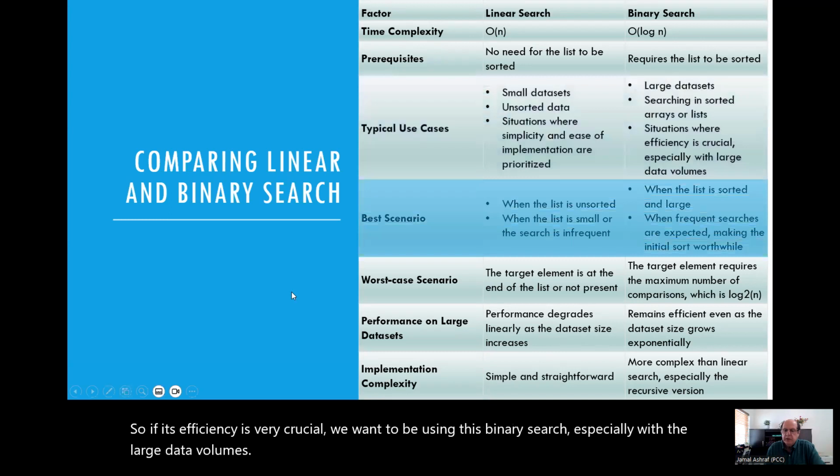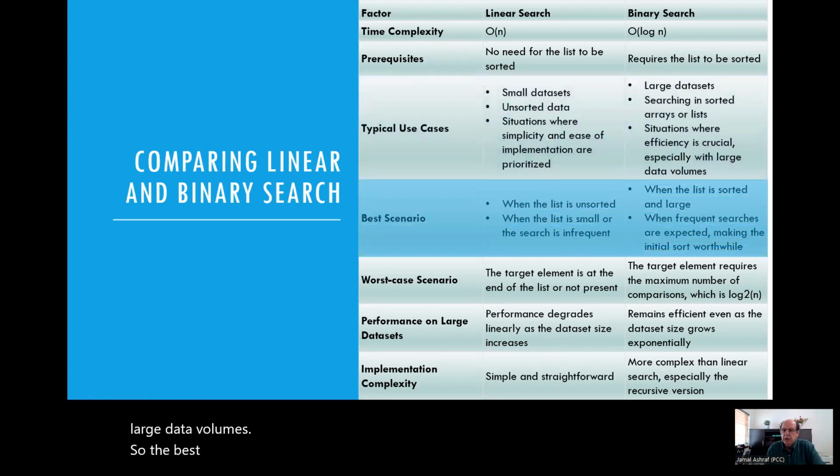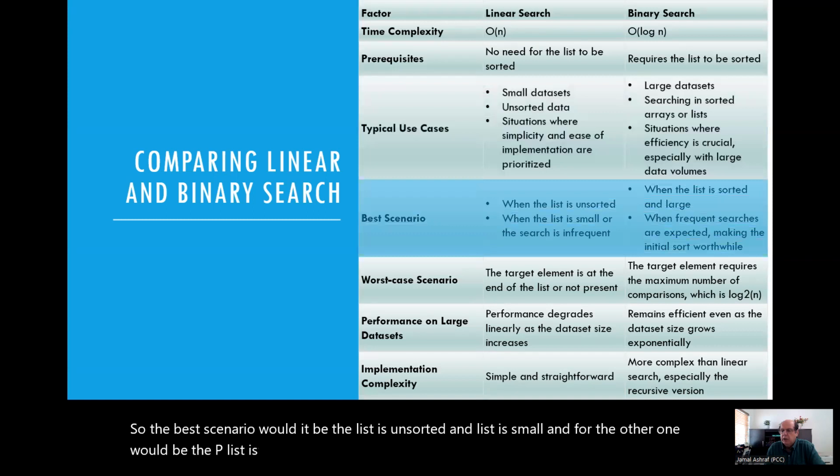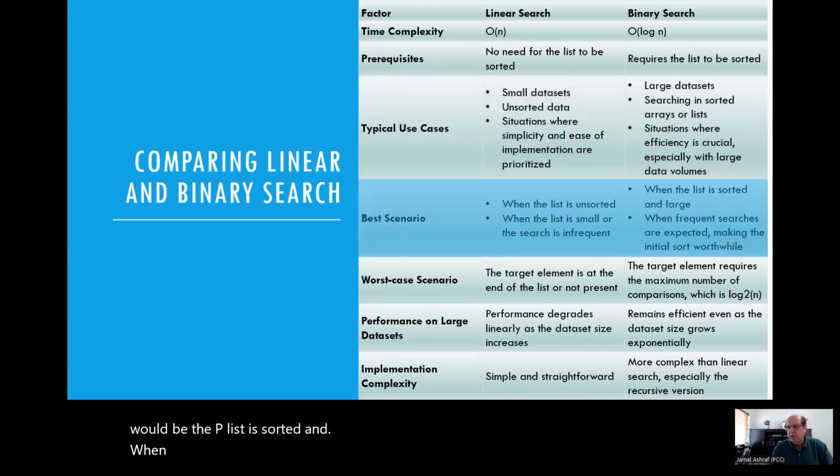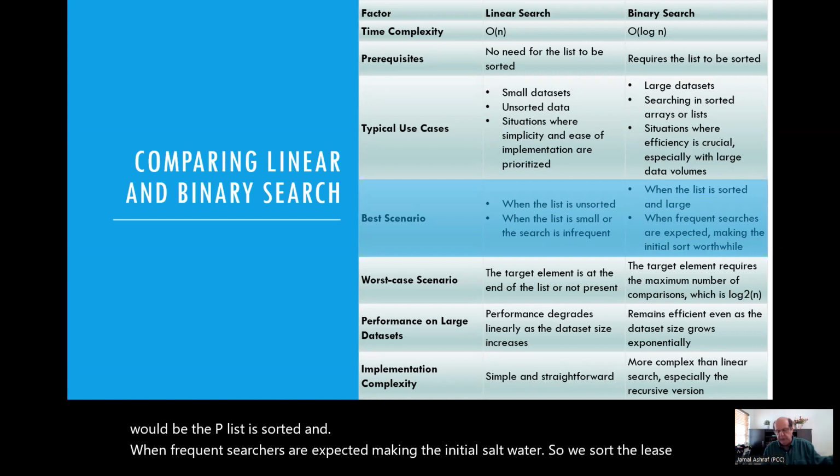So the best scenario for linear search would be the list is unsorted and the list is small. And for the other one, the list is sorted and frequent searches are expected, making the initial sort worthwhile. So we sort the list and we do many searches.